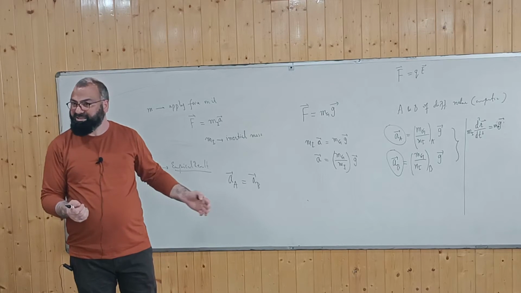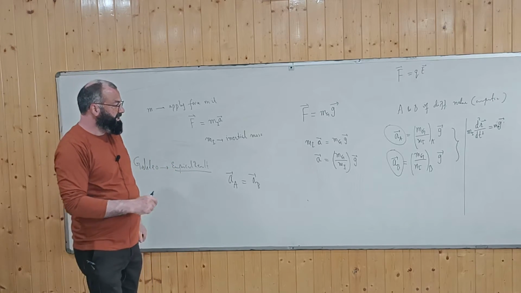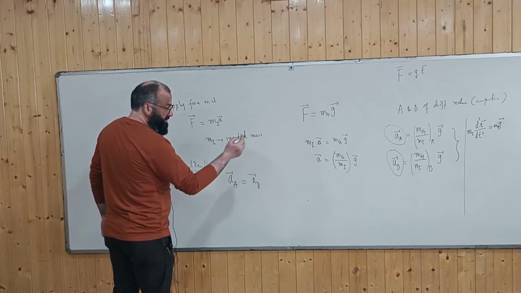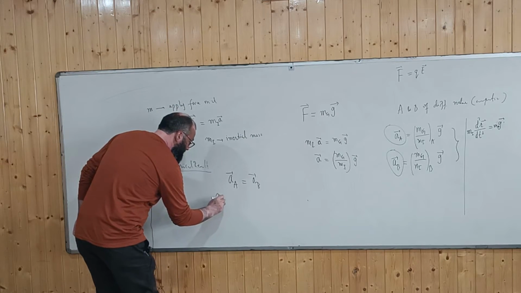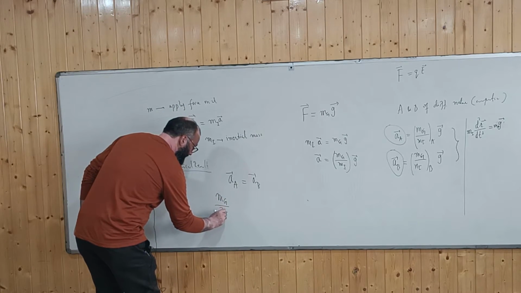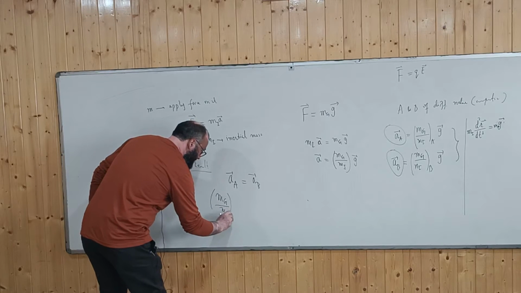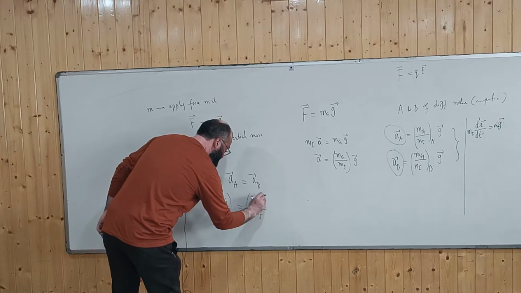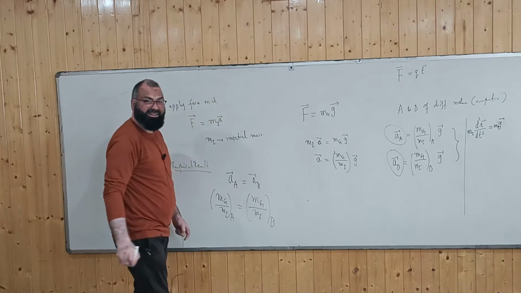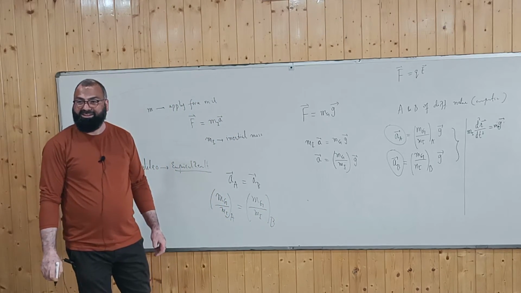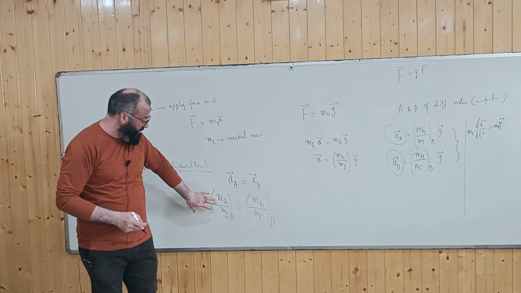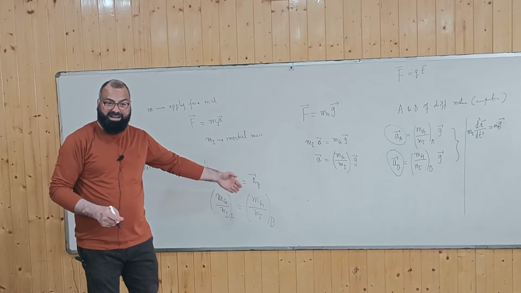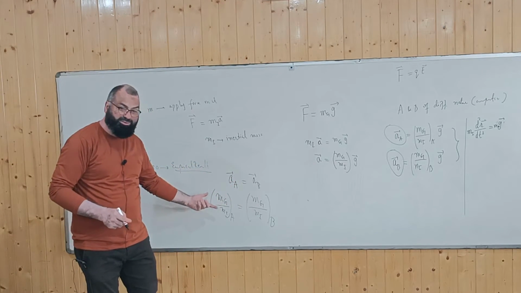Got it? So this is the famous Galileo's experiment. What does it give me? It gives me this mg by mi for an object A. This ratio is the same for the object B. Clear? In other words, if you have a ratio for one object, the same as the ratio for another object, this ratio should be constant.